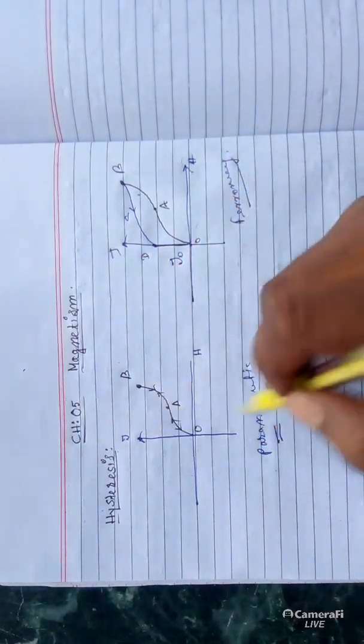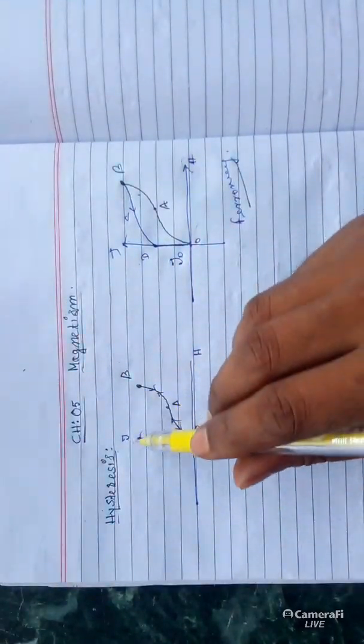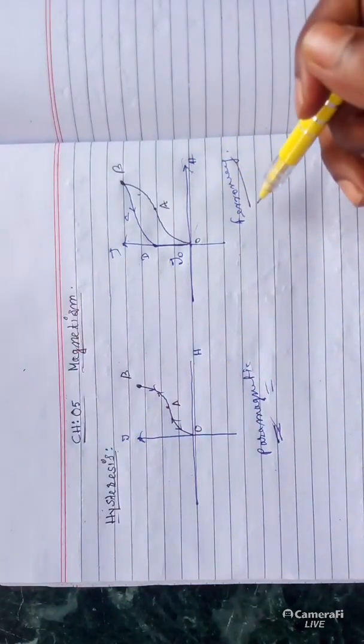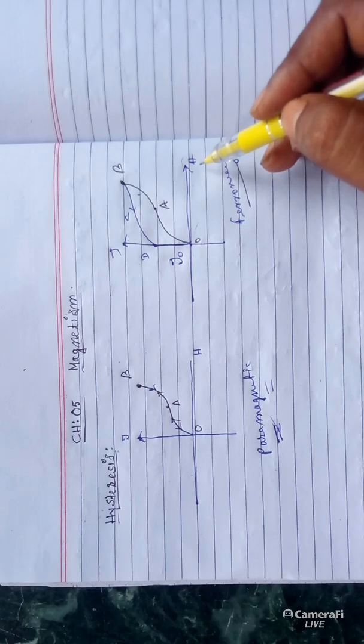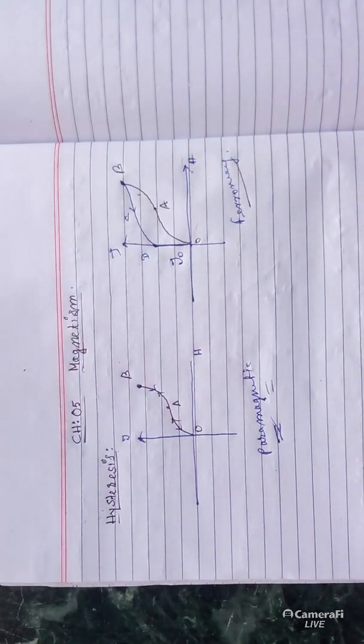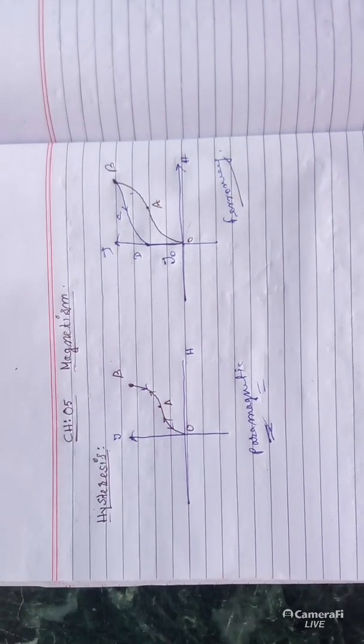Notice here, for a paramagnetic substance there is no lagging of J behind H, but for a ferromagnetic substance J lags behind H, and this lagging of J behind H is known as hysteresis. Clear?